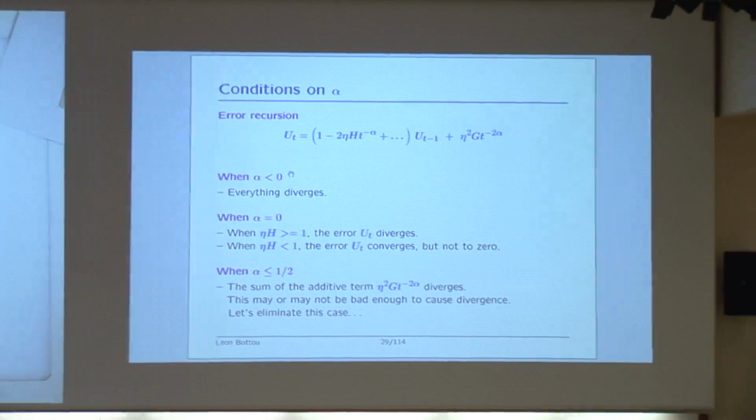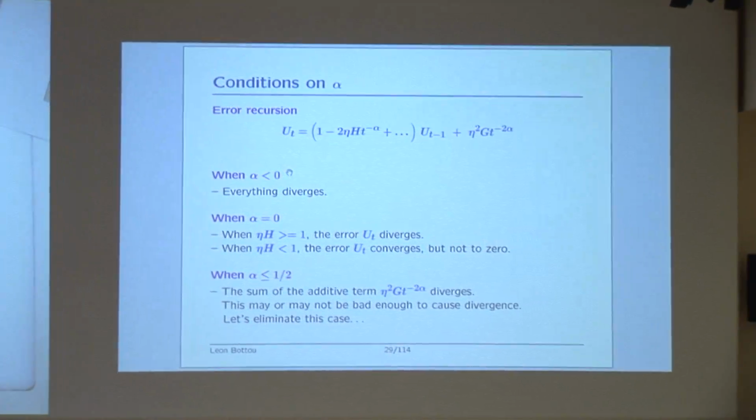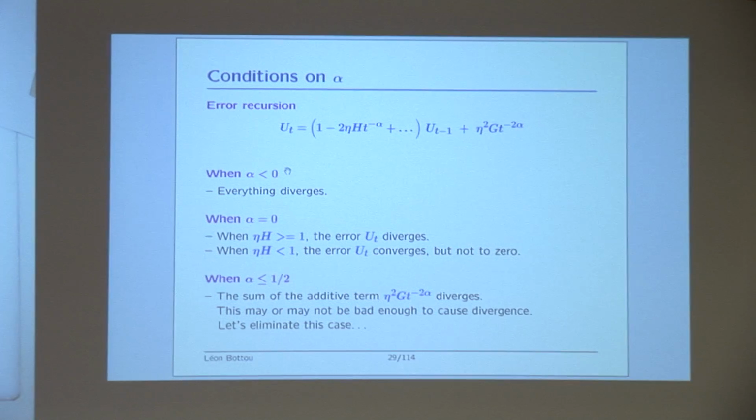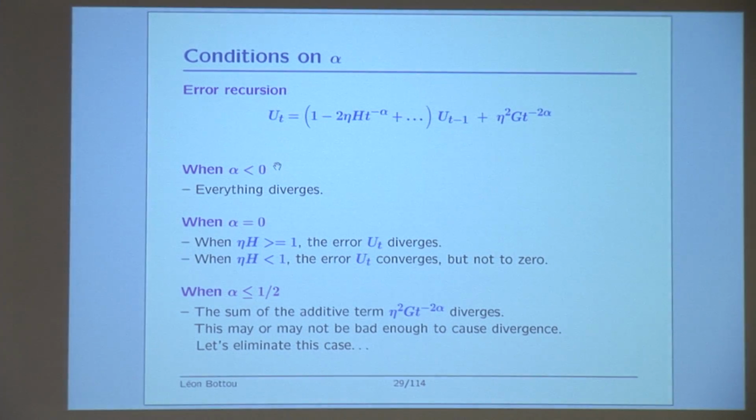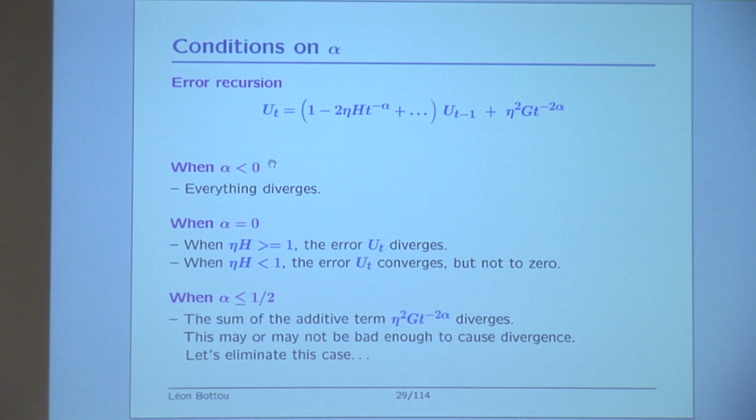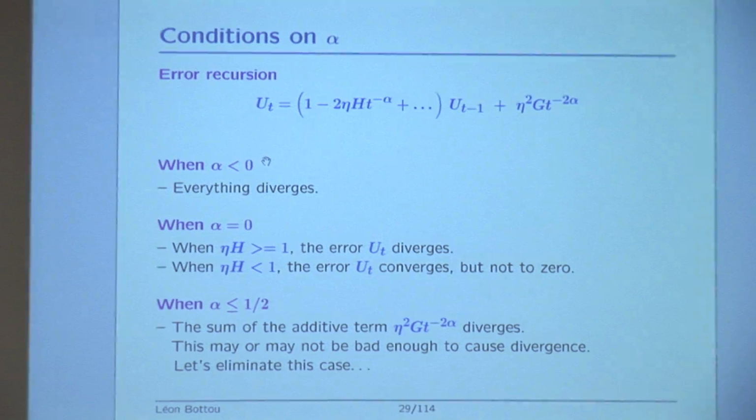So I have u_t equal to 1 minus 2 eta h t^(-alpha) plus dot dot dot u_(t-1) plus eta squared g t^(-2 alpha). So when alpha is less than 0, everything diverges. When alpha equals 0, I have my two cases. If eta h is greater or equal than 1, this term here has an absolute value that's more than 1, and everything diverges.